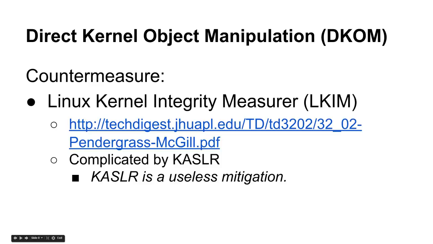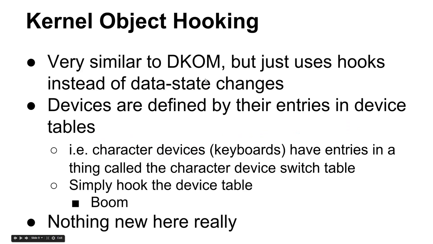So it doesn't stop, KASLR does not stop this style of rootkit injection, but it does stop this style of rootkit prevention countermeasure, which is sad. It's more ineffective than effective. But that's my opinion, and I digress.